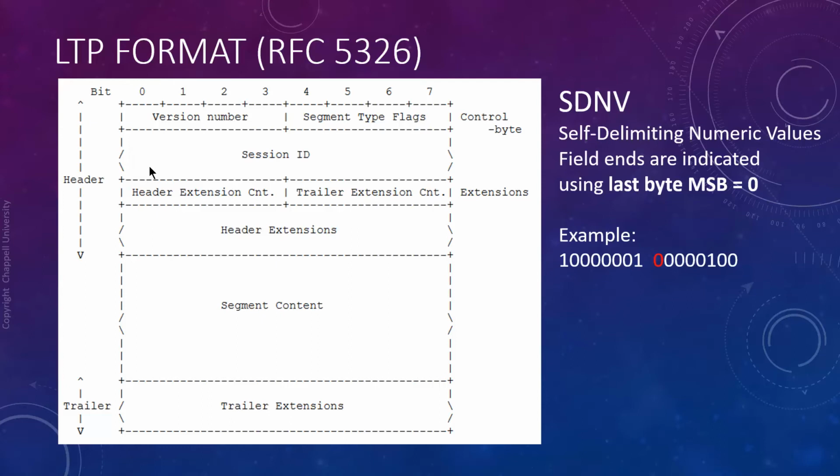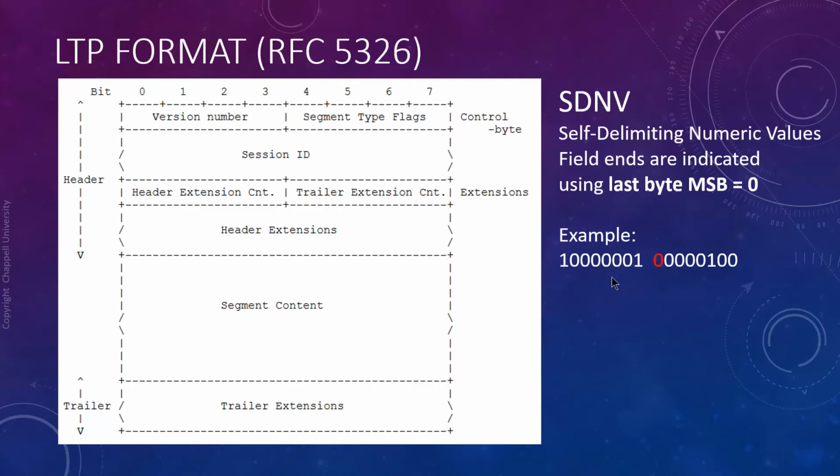So it's wasteful to say, oh, the session ID will be 4. So we don't want a session ID length and then the session ID field. Instead, we use this SDNV format, which basically says that the most significant bit of the last byte will indicate when we've hit the end of the field.